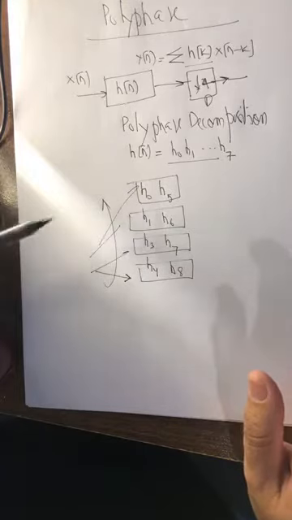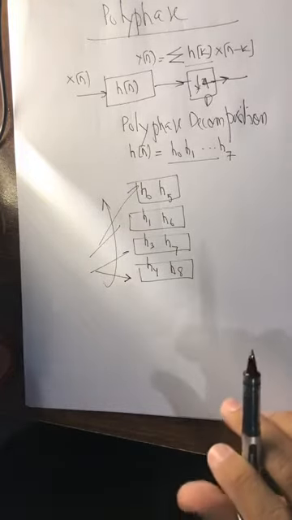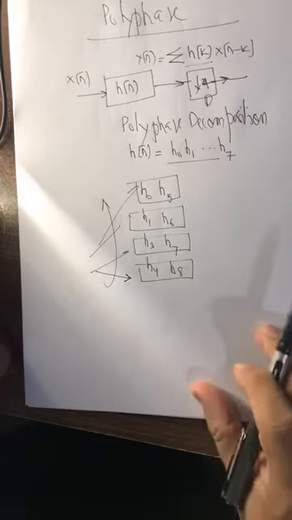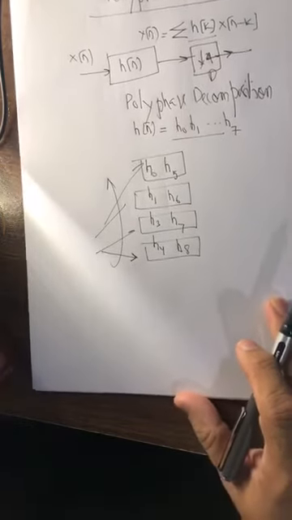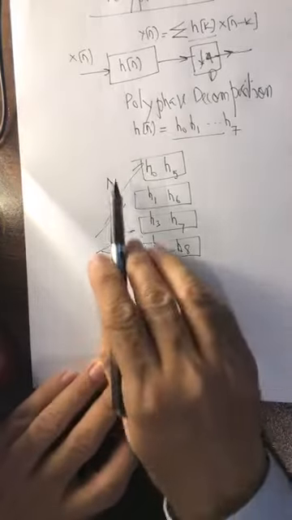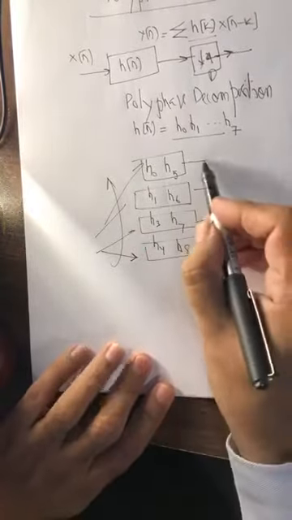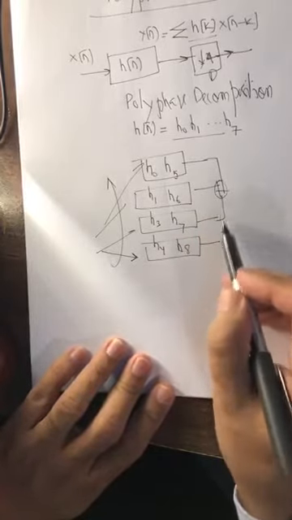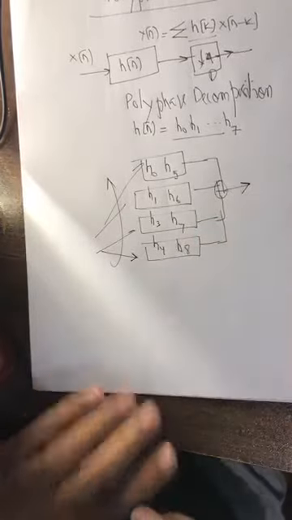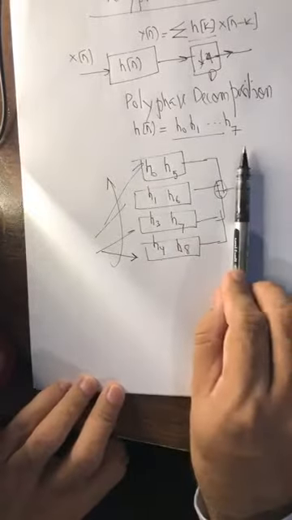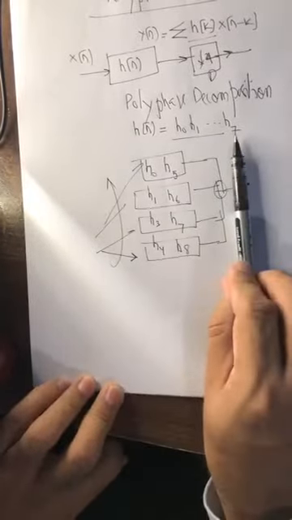You are distributing samples like this to these 4 filters. So 4 samples, and then you make the filter work, and every filter gives you an output. You add all these outputs together to get one output. Okay, 4 samples in, 1 sample out.